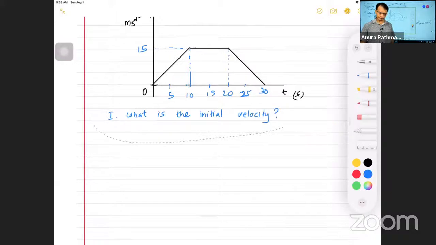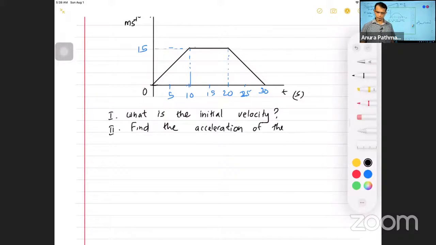Second question: find the acceleration of the object within 0 second to 10 seconds.